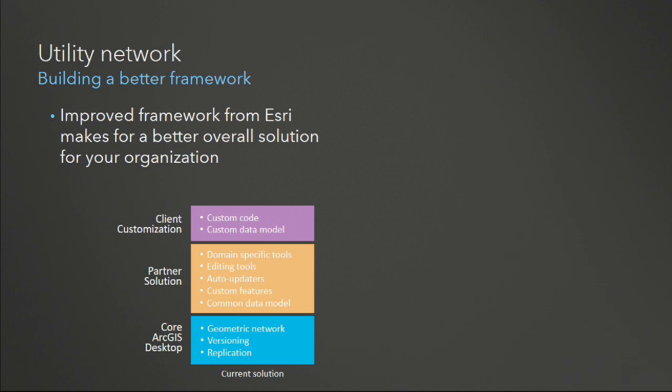If you look at our current solution, it's shown on the left in that little diagram. At the bottom, you have the core desktop. On top of that, you have partner solutions. Then you have client customizations built on top of that, with the geometric network and versioning and replication being part of core. Okay?